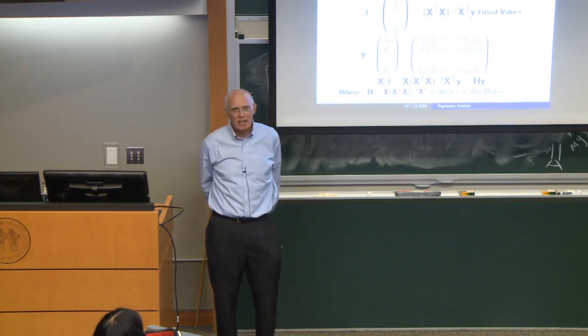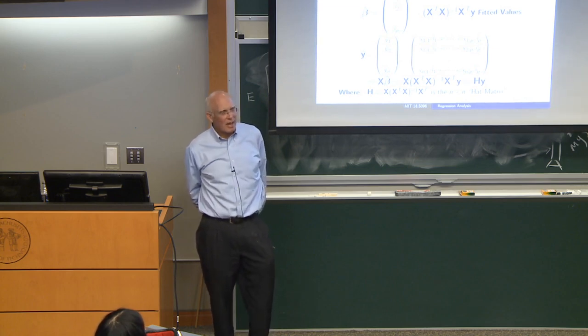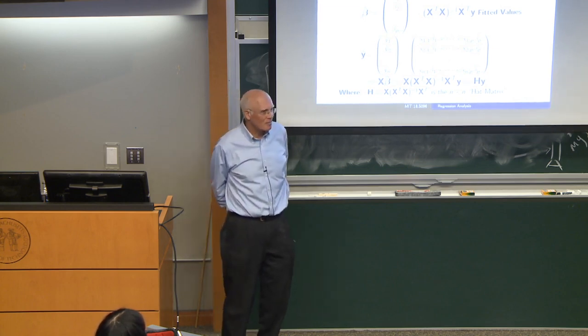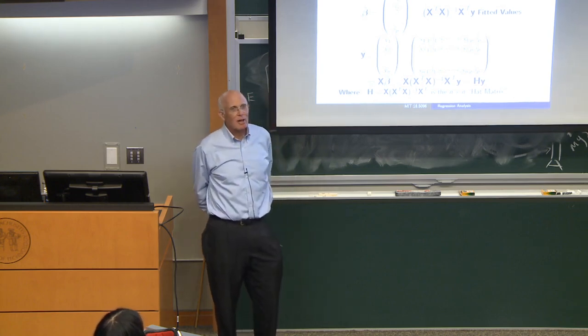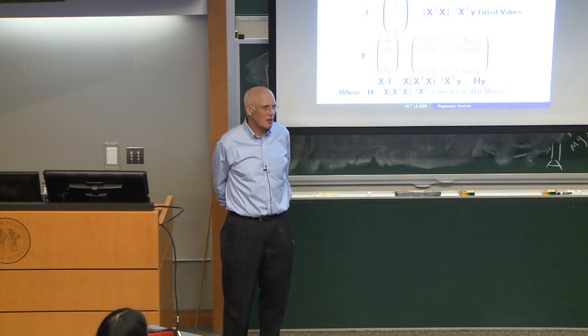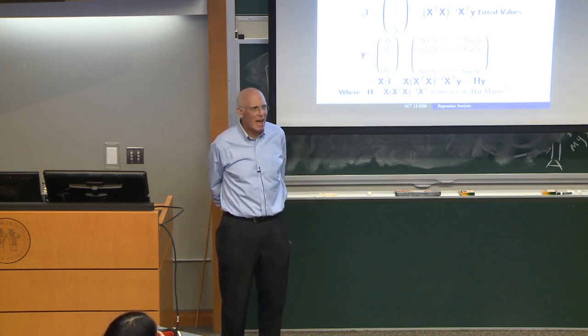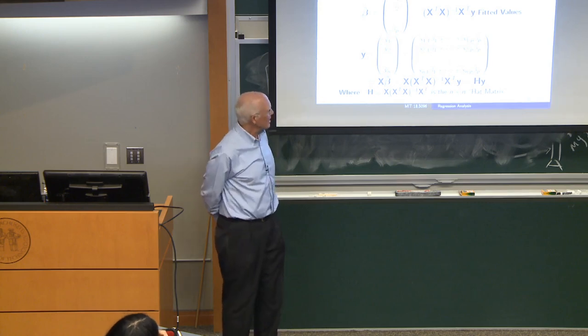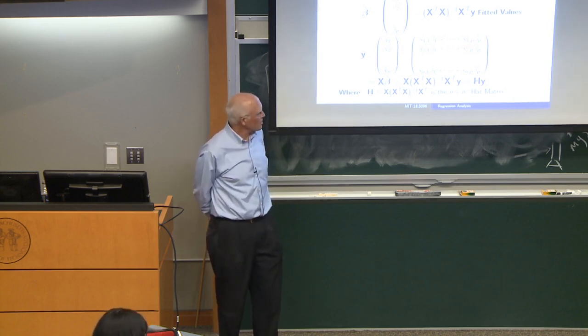And in linear algebra, projection matrices have some very special properties. It's actually an orthogonal projection matrix. And if you're interested in that feature, you should look into that. But it's really a very rich set of properties associated with this hat matrix.